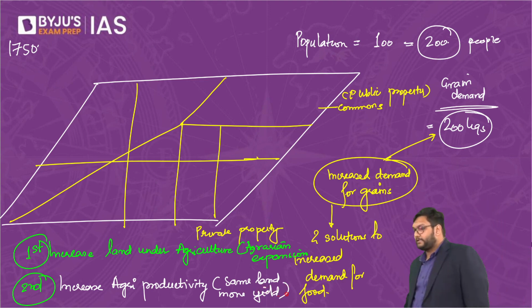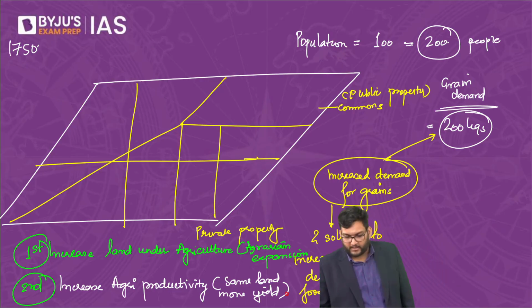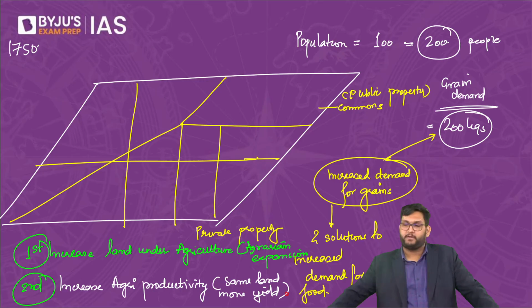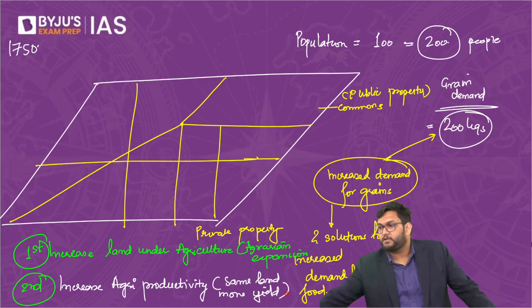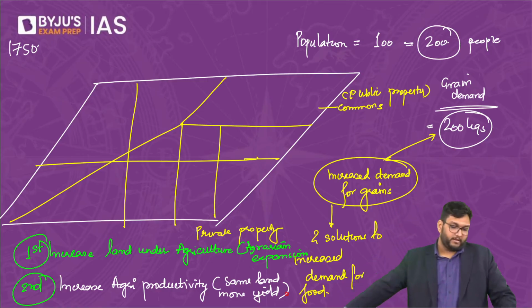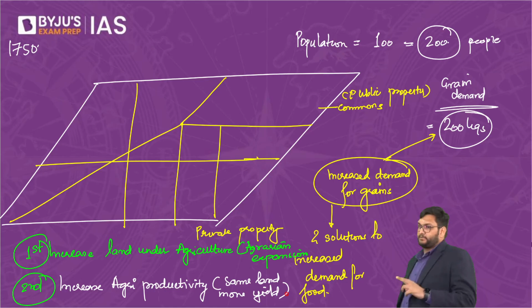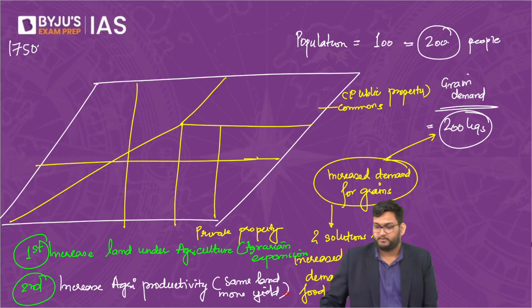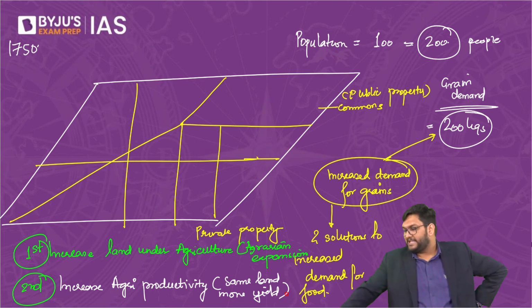Am I correct in saying this? Import export is not an option. Don't bring in 2023 modern economics into it. Import export is not an option. Yes, two options. Make sense? Okay. Now tell me which is easier, first or second? Which is the easiest to do?